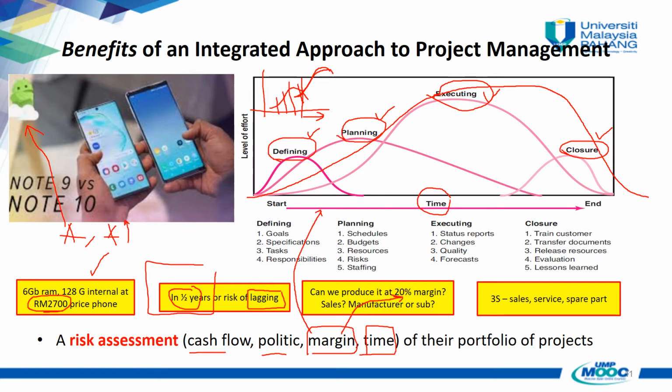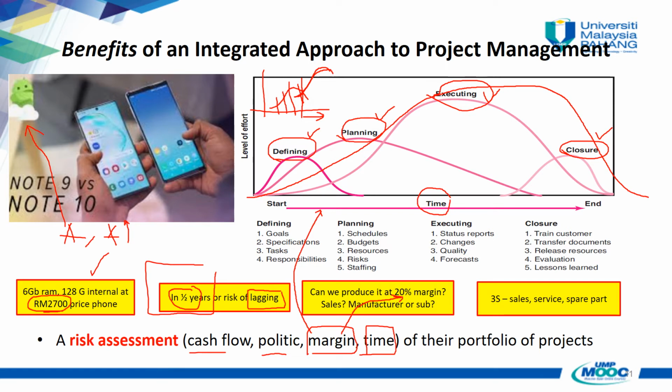Why 20% margin? Because if we cannot produce more than a 20% margin, it's better for me to make a saving in the bank instead of investing as your shareholder. I cannot give you 20%? Better I save my money in the bank, because the bank can give you around 4%, 5% on a fixed deposit.